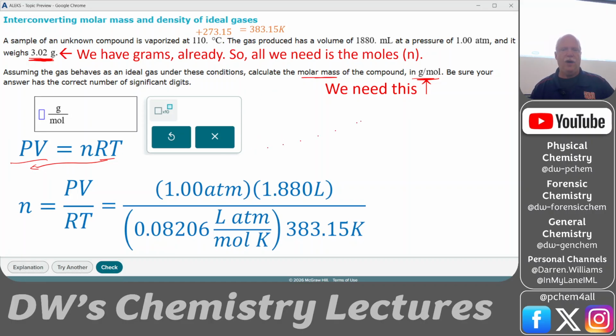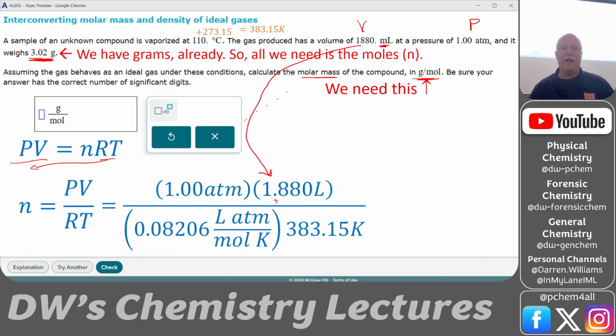And we can put everything into the equation. So we have 1 atmosphere, which is right here. So this is P. This is V, but look what I did for V. This is 1,880 milliliters. And so I went ahead and made that 1.88 liters. For something that simple, I think you should be comfortable doing that.